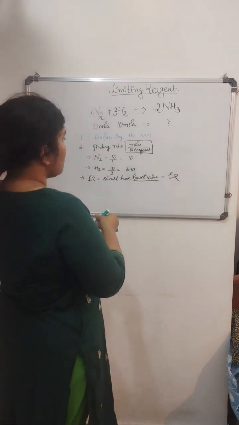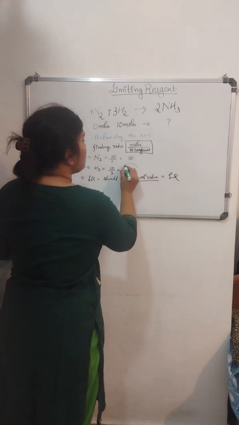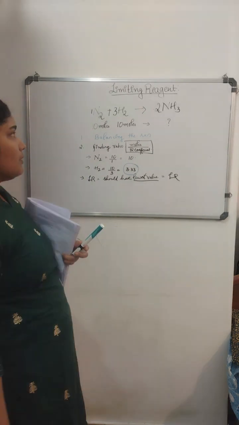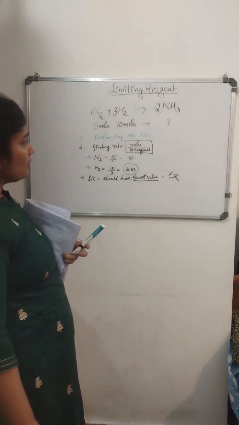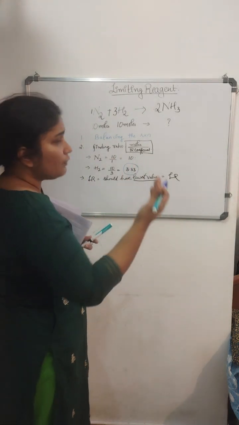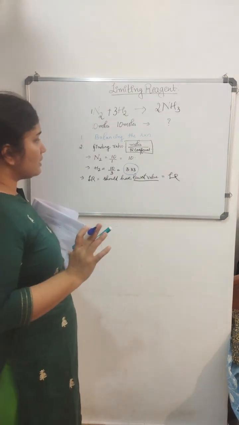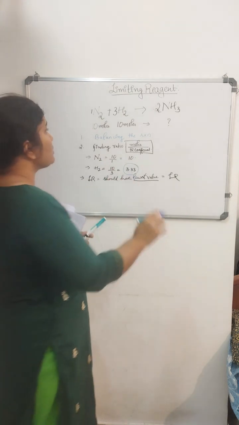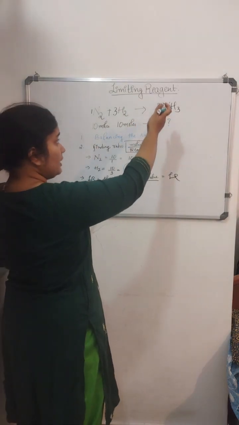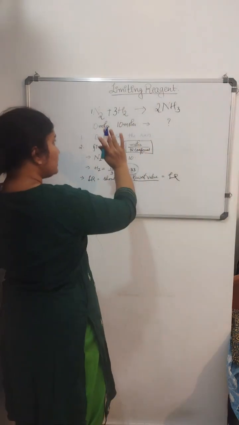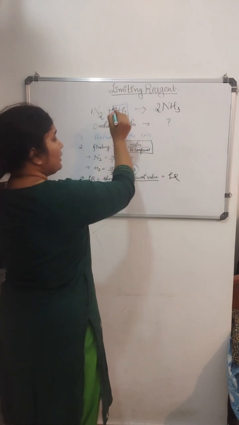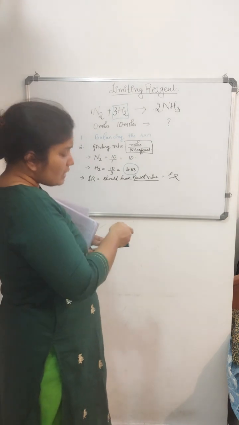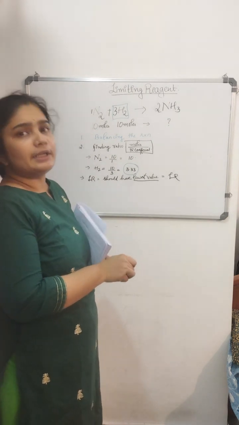So in this case, hydrogen is my LR. So hydrogen is going to decide the amount of NH3 produced in this case, because the amount of product formed depends on hydrogen, my limiting reagent.